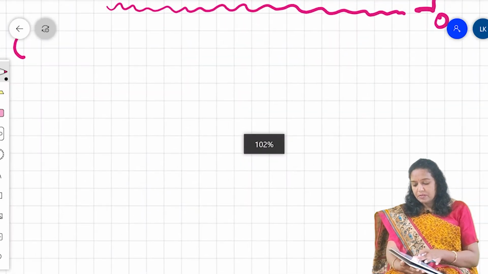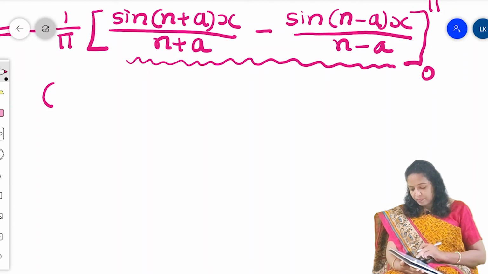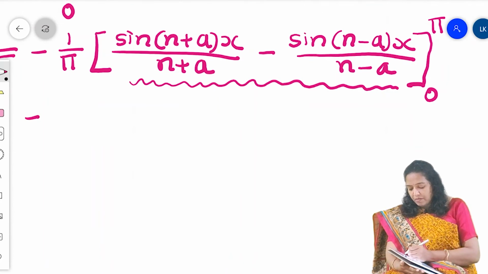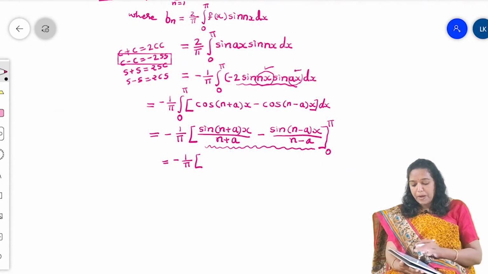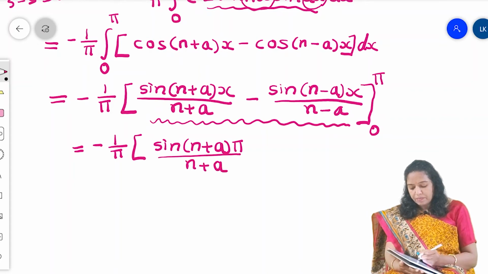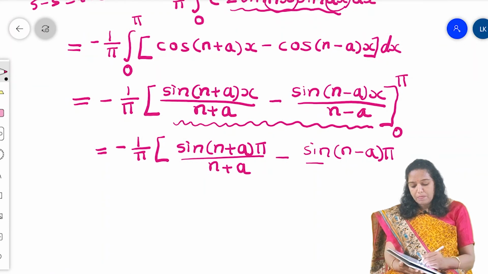That is equal to minus 1 upon pi, x is pi, that is sine (n plus a) into pi upon (n plus a), minus sine (n minus a) into pi upon (n minus a).